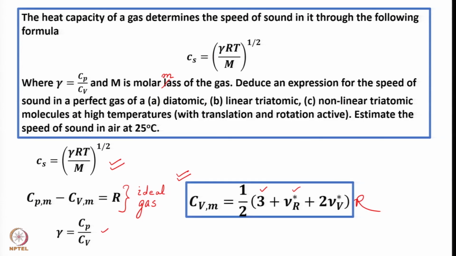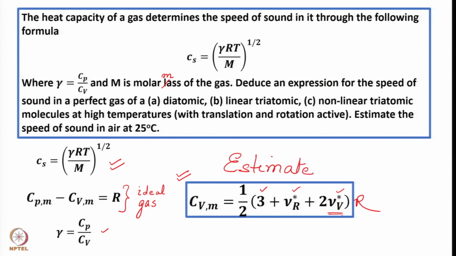We have discussed it earlier. Then we have 2 nu V star, and this nu V star is equal to either 1 or 0. If the vibrational modes are not active, we take the value as 0. If the vibrational modes are fully active, then we take the value of 1. We are not taking any in-between value over here. That is why I said you can estimate heat capacity by using such a formula.